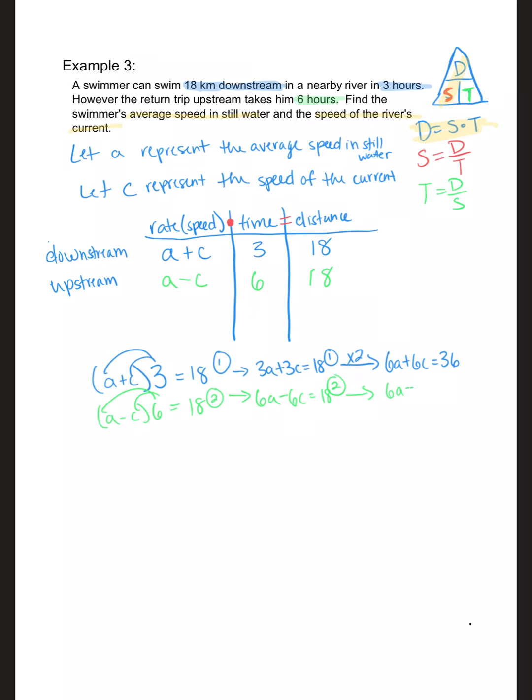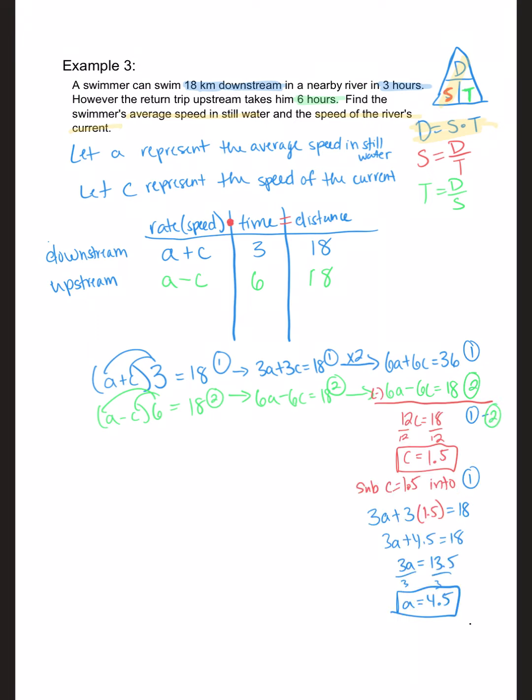Sorry, that should be a minus. We have our equations right over each other. Go ahead and continue with elimination and see if you can solve for A and for C, and then write your therefore statement. Then come back to the video to see the solution.